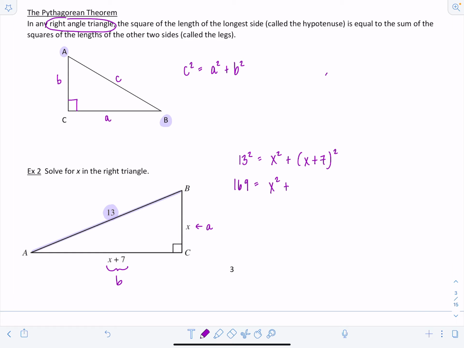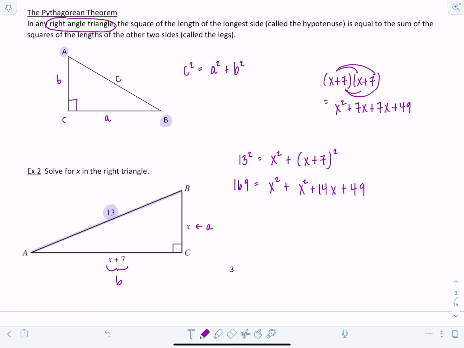No. So x plus 7 squared means x plus 7 times x plus 7. And when you FOIL it out, notice you have x squared plus 7x plus another 7x plus 49. So this is actually x squared plus 14x plus 49.